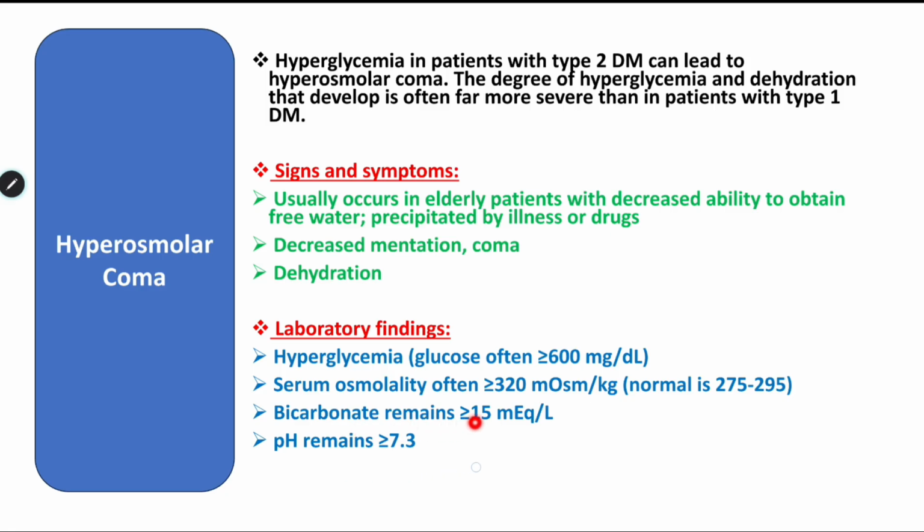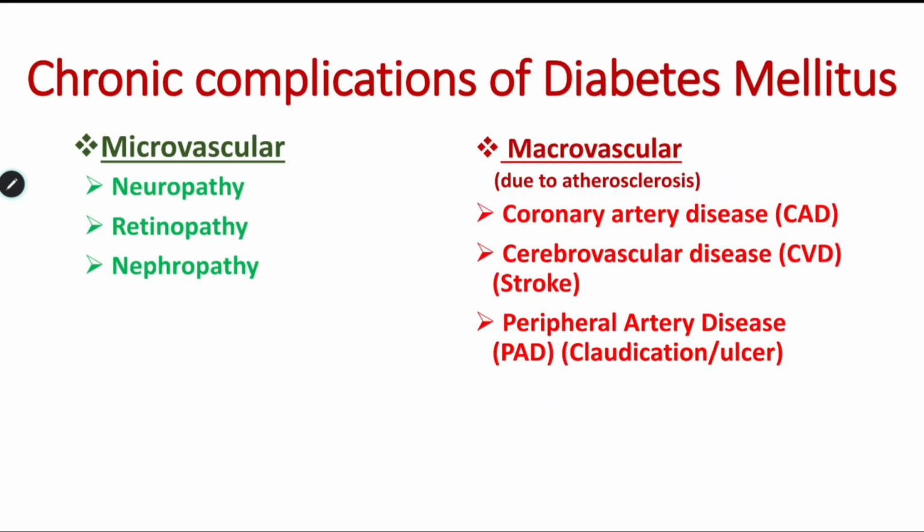Bicarbonate remains more than 15 and pH remains more than 7.3. So acidosis is not that severe, but there is dehydration and coma, decreased mentation, and severe hyperglycemia. This happens because there is some insulin and the counter-regulatory hormone effect is not so much. So blood glucose also increases and it causes all these complications.